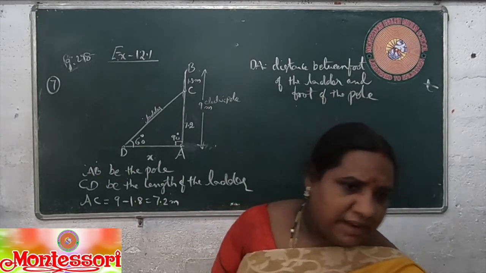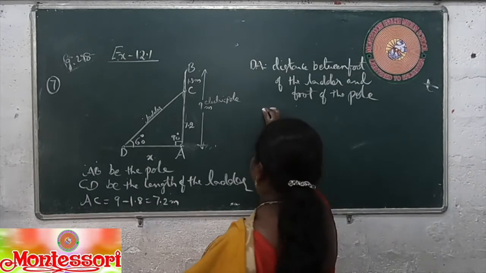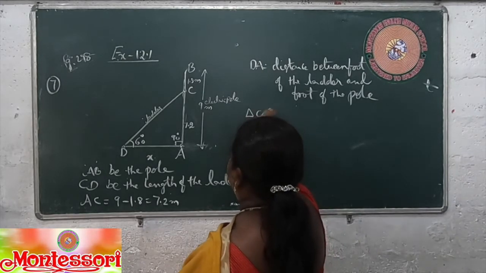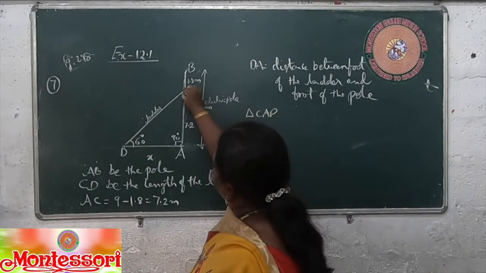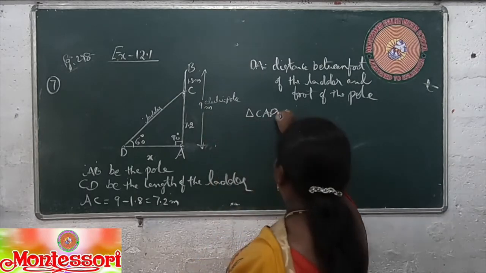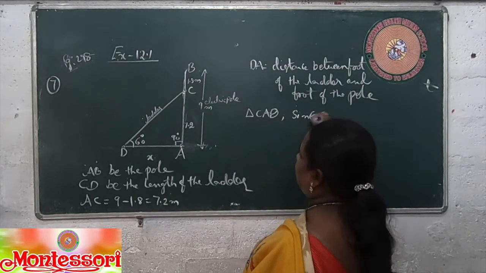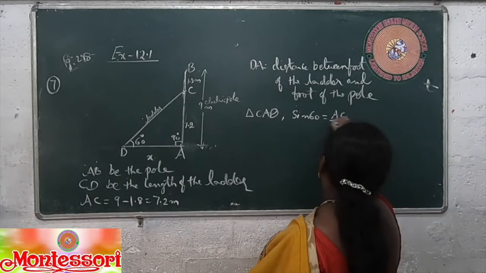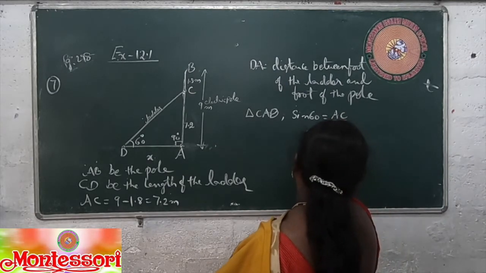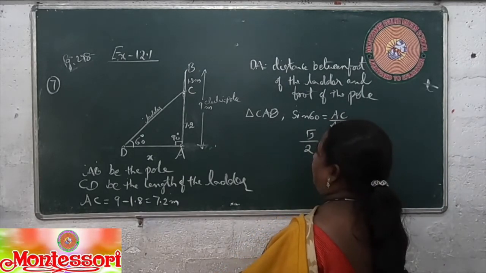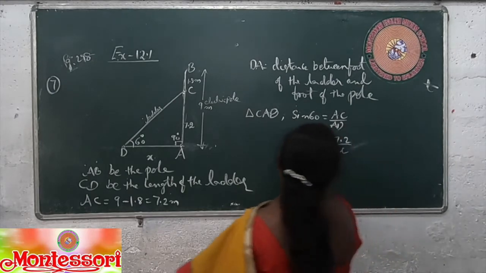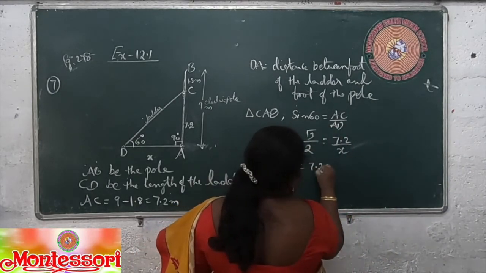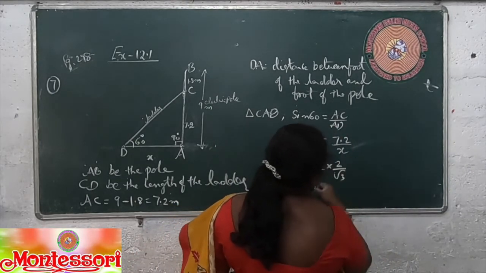So first of all, from triangle CAD, now I have to see this triangle. Now in CAD, sin 60 is equal to AC by AD. That is root 3 by 2 is equal to 7.2 by x. If you do cross multiplication, it becomes 7.2 into 2 by root 3.